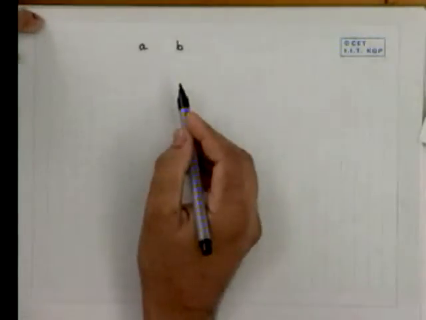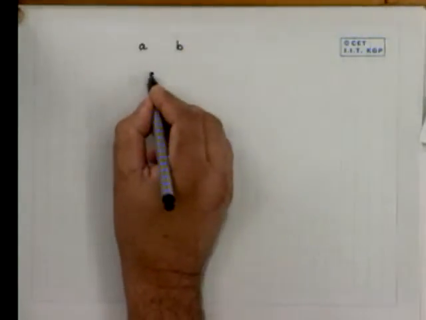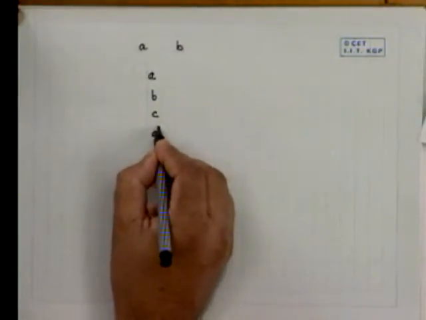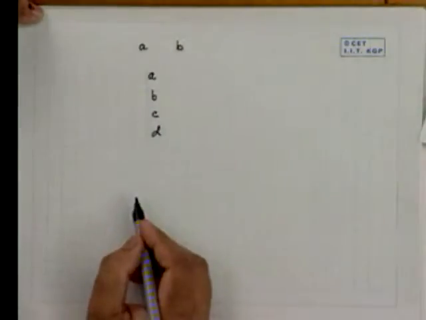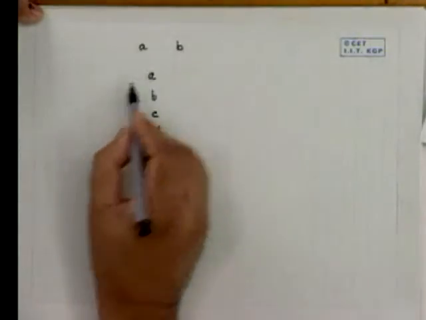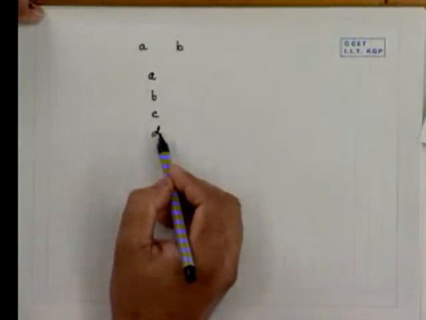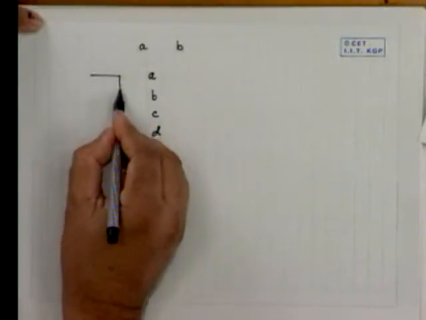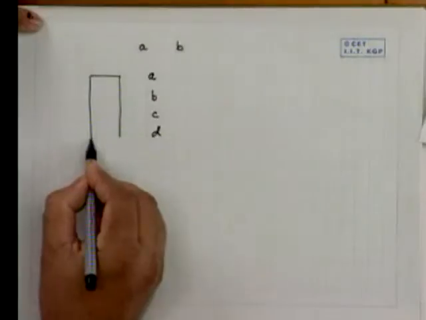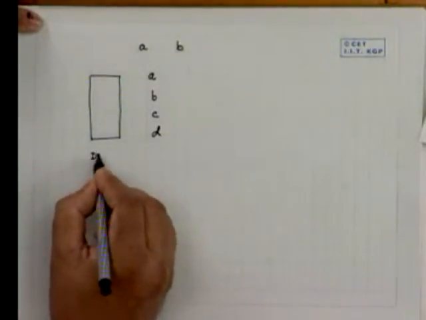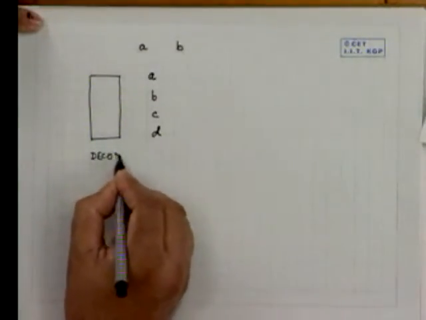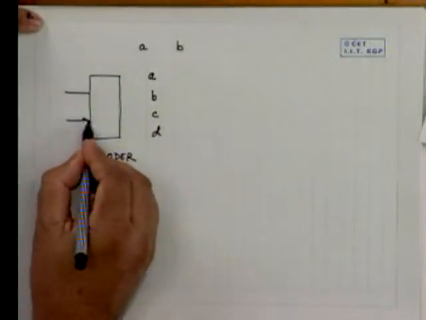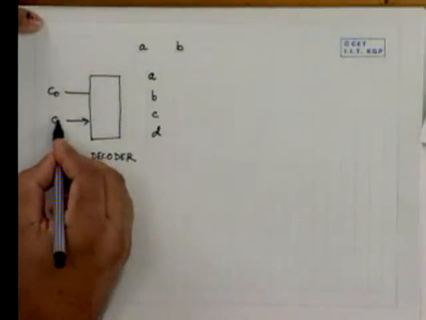Now, if that is the situation, say I have four such control points A, B, C, D which are mutually exclusive, then to code them only 2 bits are sufficient. What we will need is, once more, a decoder, where we put two control bits, say C0 and C1.